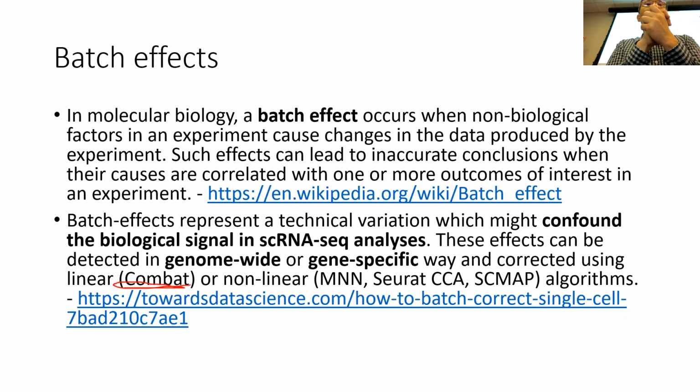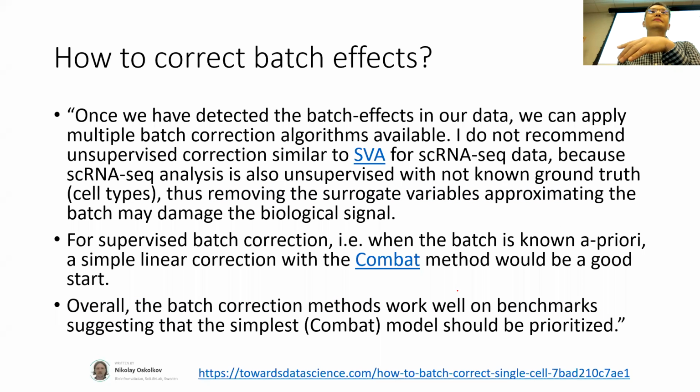Then when single cell became available, people developed MNN, mutual nearest neighbors, and CCA and other methods, considered improved methods which apply to single cell data to take into account the nonlinearity between data points. Okay, so how can we do that?